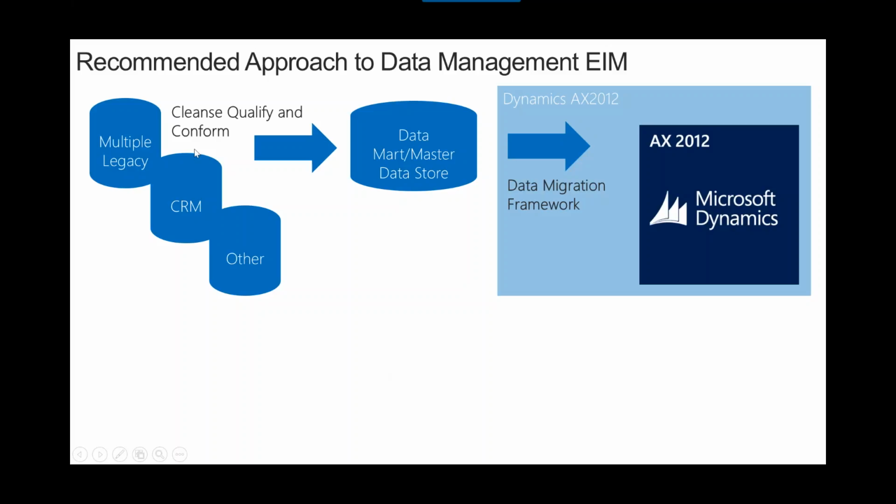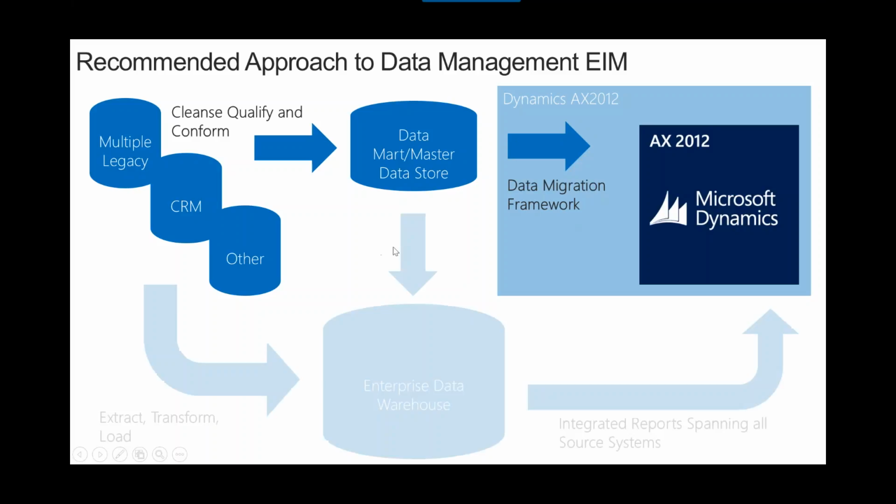Cleanse, qualify, and conform your data into the shape of your data mart or your master data store, and then you have a reusable data migration framework to bring that company online into your AX instance rapidly, very rapidly. So over the long haul, for any company that deals with acquisitions and mergers, this is a huge time and money-saving operation to build it this way.